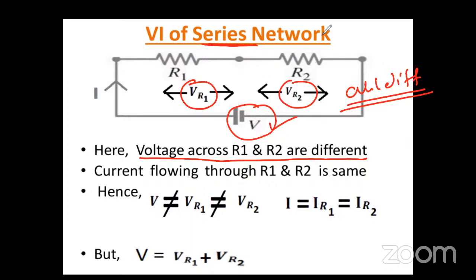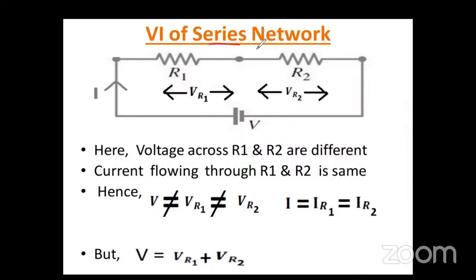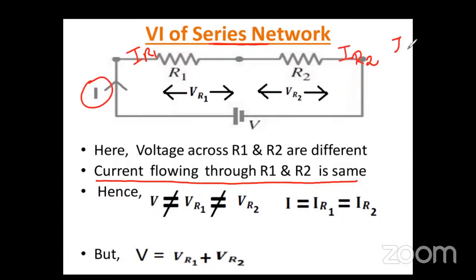Same नहीं आते. But if the circuit is series, in that series network, current flowing through R1 and R2 are same. मतलब जो total current I, जो current IR1 है, that is the current flowing through resistor 1, and the current flowing through resistor 2, or we can say I2 and I1, they are same. So what is the concept? That current is same, but voltage are different. कहाँ पे? In the series network.